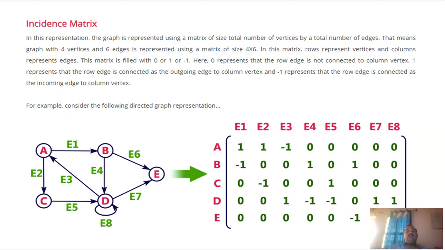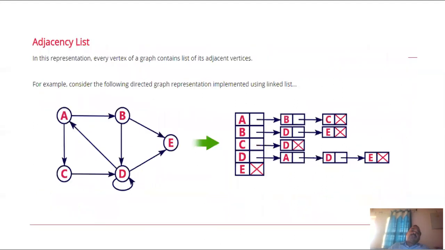Then if it is an incoming edge, for example here E3, A to E3, E3 is an incoming edge, simply -1. If it is an outgoing edge, 1. Then if there is no edge, that is 0. Okay, in the incidence matrix.